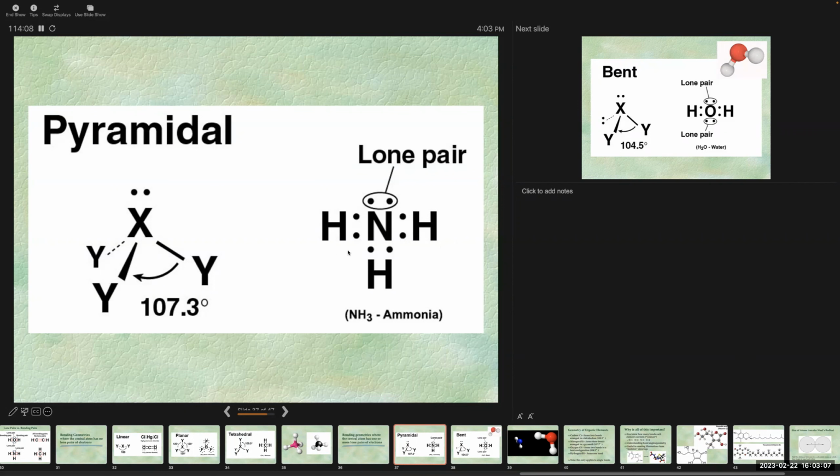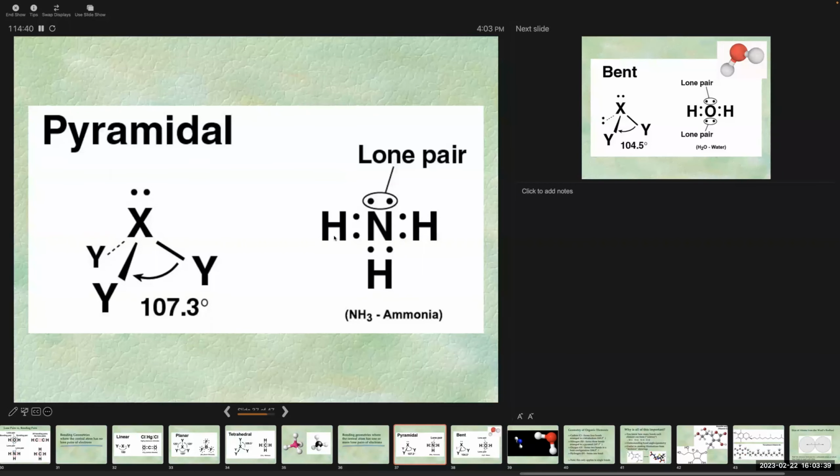So you've got nitrogen in the middle, bonded to 3 hydrogens. There's a bonding pair of electrons between the nitrogen and 1 hydrogen, a bonding pair between the nitrogen and a 2nd hydrogen, a bonding pair between the nitrogen and a 3rd hydrogen. But the nitrogen also has its own pair of electrons that belong entirely to the nitrogen and are not participating in a bond. So we call that a lone pair.